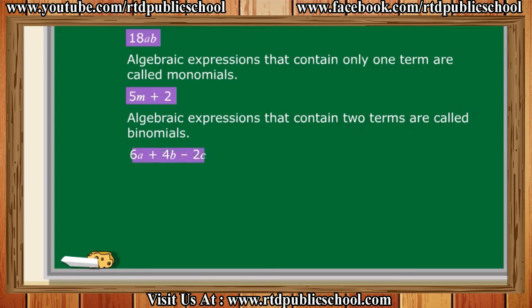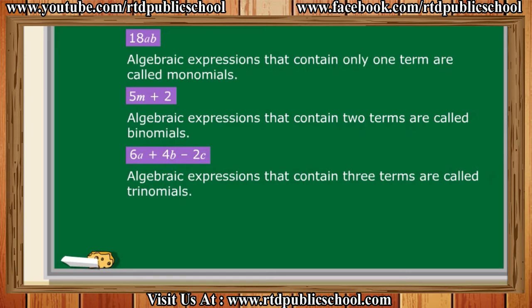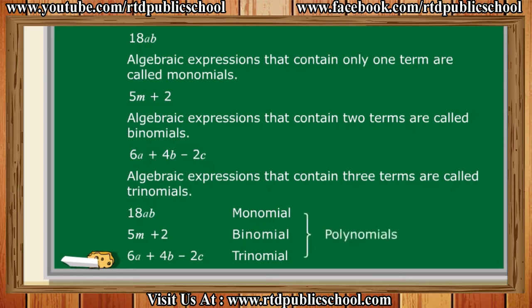The expression 6a plus 4b minus 2c is not a binomial because it has 3 terms, right? So this type of algebraic expression is called a trinomial. Remember, all algebraic expressions that have one or more terms are called polynomials. Therefore, monomials, binomials, and trinomials are all polynomials.